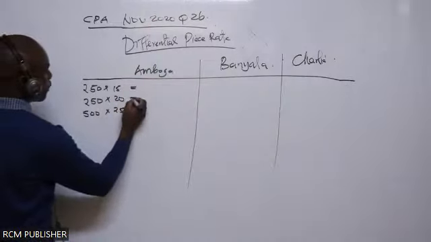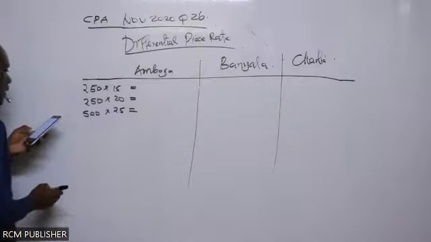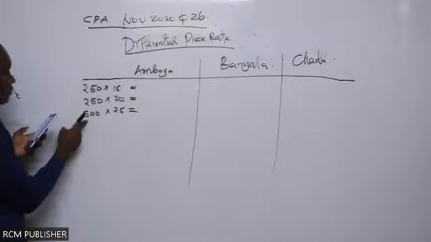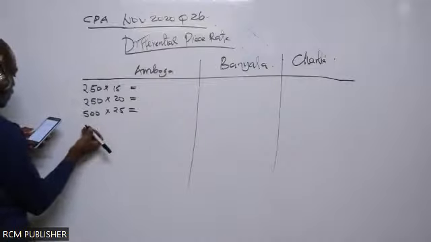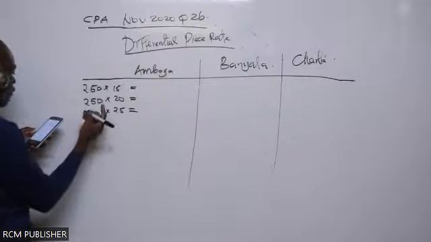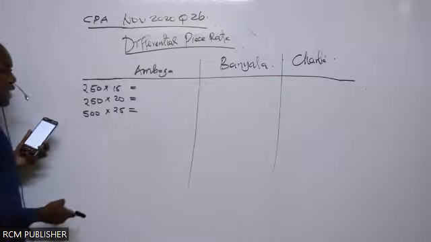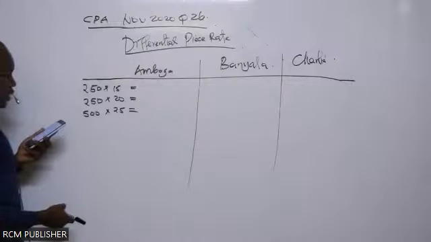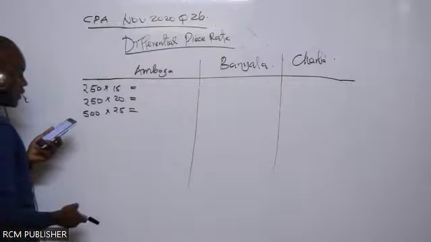So we should be having these values. Then if I add all these, I already have 1,000. Then over 1,000 is going to be paid 30 shillings.